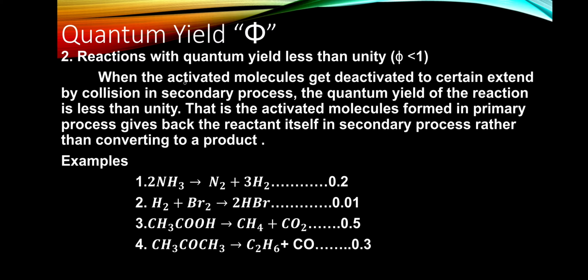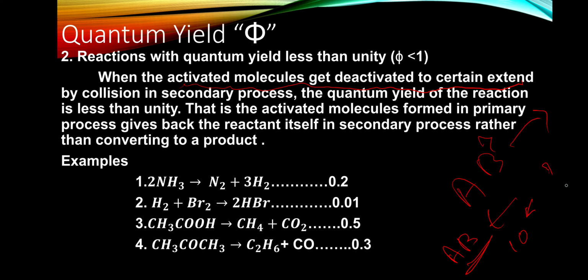In these molecules, the activated molecules get deactivated to a certain extent by collision in the secondary process. AB asterisk does not convert to the product, and the balance converts back to AB. So that is why its quantum yield will be less. So if 10 molecules absorb 10 quanta, maybe 2 will be converted to the product, and the remaining 8 will convert back to the reactant, so that will not become product.